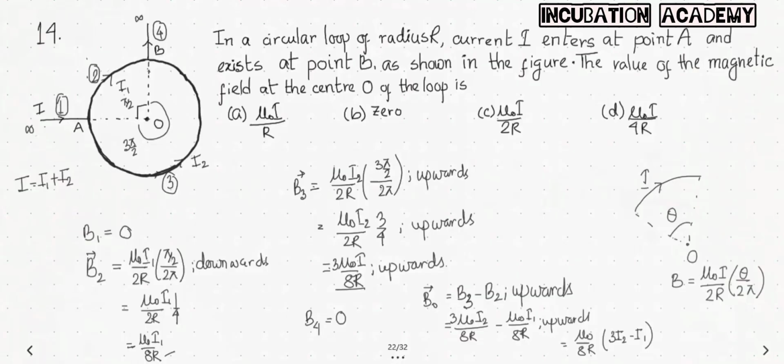Now let us understand this from common sense. The current is divided at the point A into two parts, I1 and I2. Moving from A to B, the length of the conductor through the A1B section and the length through the A3B section are different.